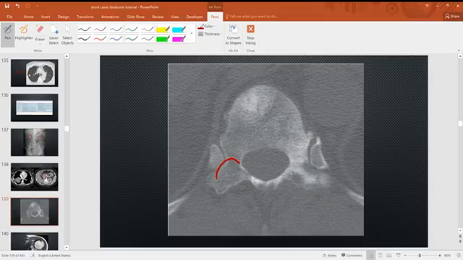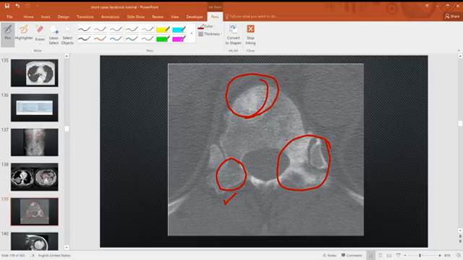What is this here compared to this here? Okay, this is the pedicle. This is the normal pedicle, and this is the sclerotic destructive pedicle. Also, in the anterior part of the vertebra we have another sclerotic area.